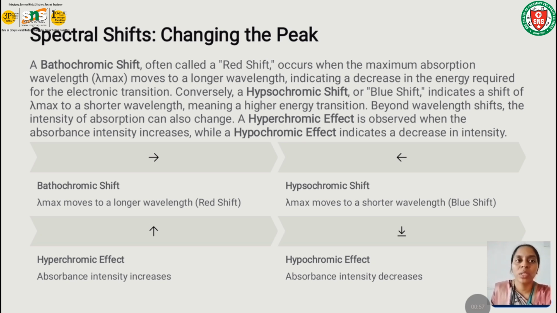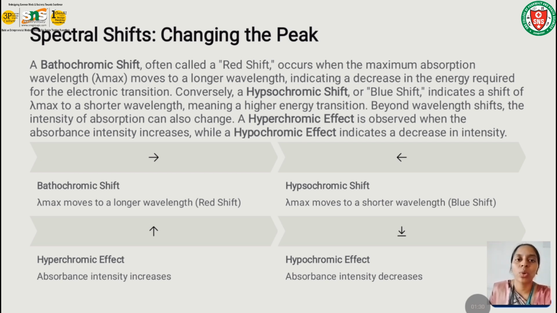Then a hypsochromic shift or blue shift indicates a shift of lambda max to a shorter wavelength, meaning a higher energy transition. As you can see, the hypsochromic shift is otherwise called blue shift. It is the exact opposite of bathochromic shift. In bathochromic shift, we need our compound to be a conjugated one. It should consist of a double bond or triple bond, and it will also consist of substituent groups such as amino group or halogen groups, or any other electron withdrawing or donating groups.